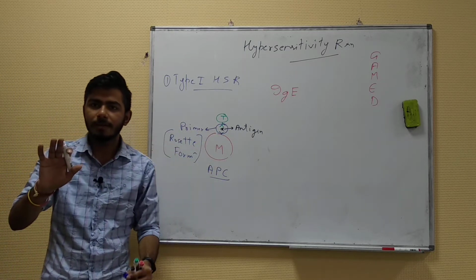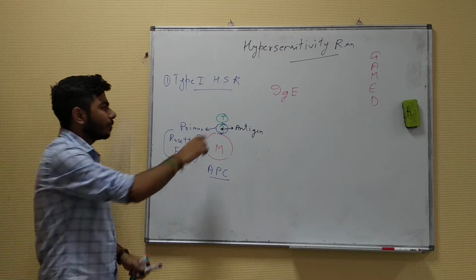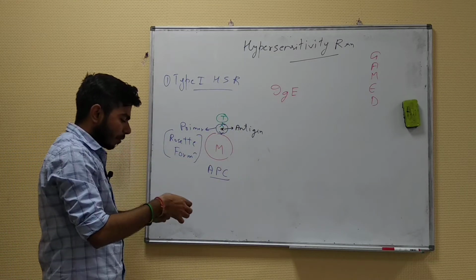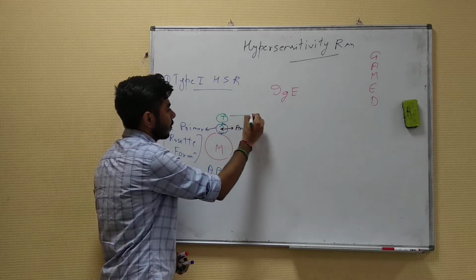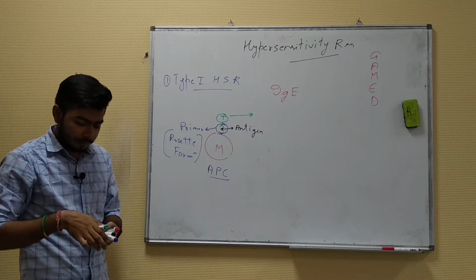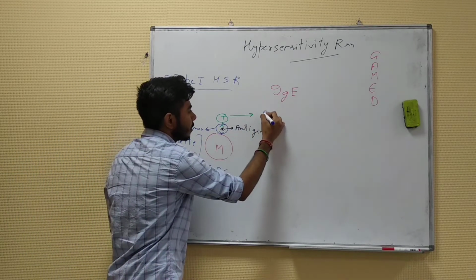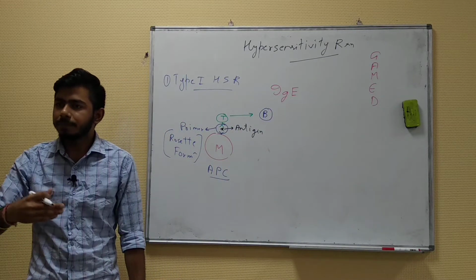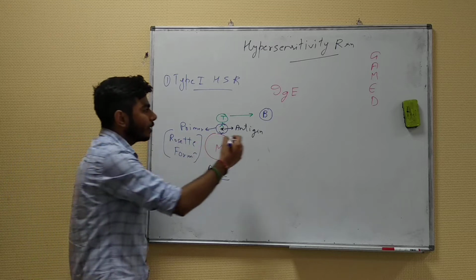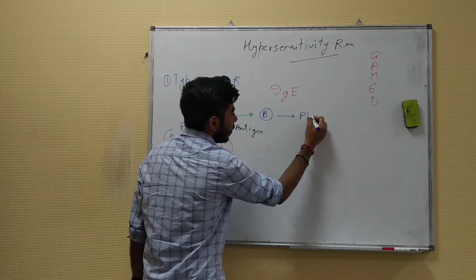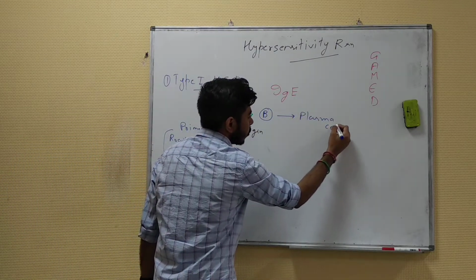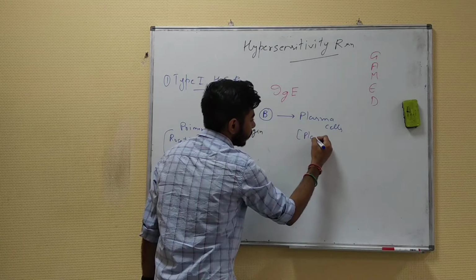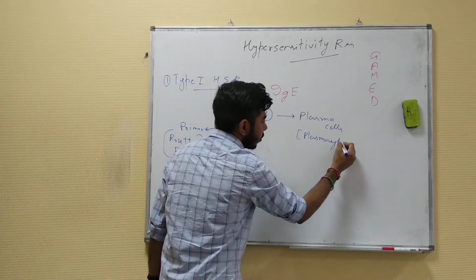Till now everything is clear. Now what will happen? T helper cells will take the help of B cells. So here are the B cells. As the B cells are activated, they will activate plasma cells. Plasma cells are also called plasmocytes.